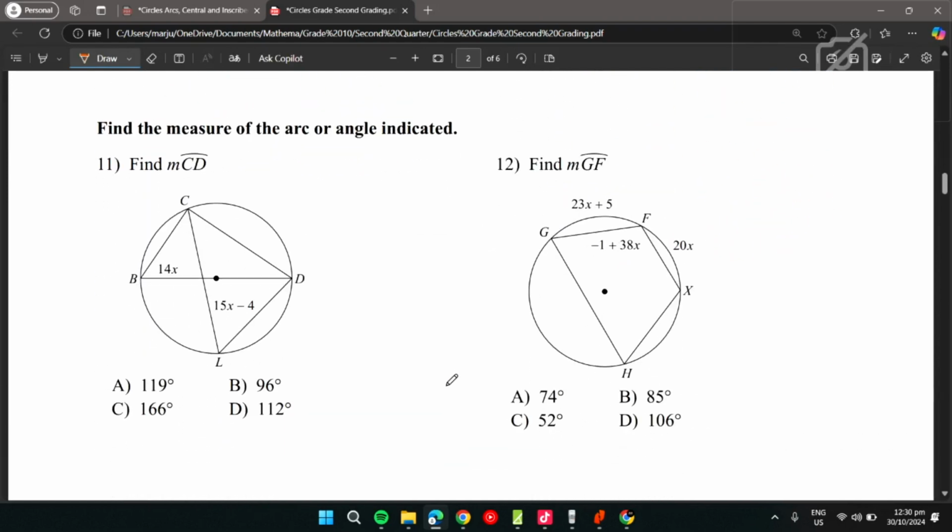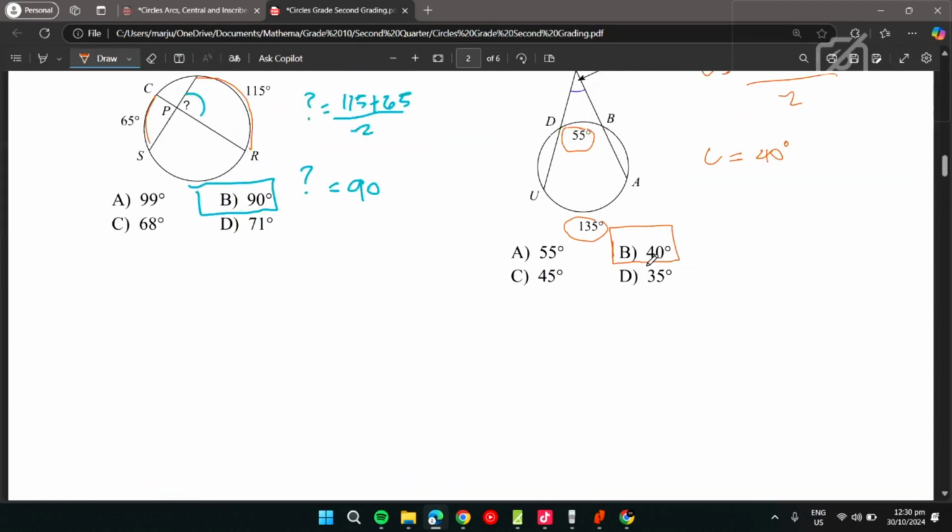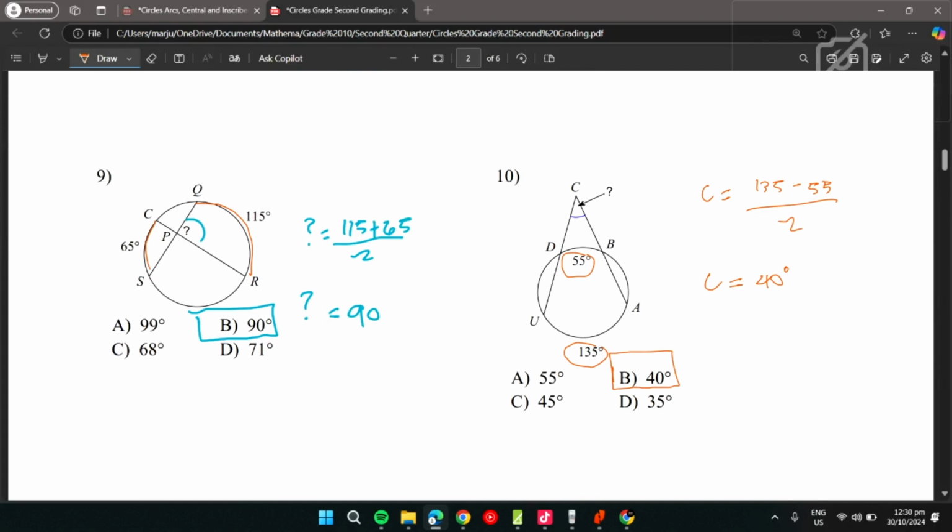Number 11. What circle property is this? Number 10 again, it's the secant.